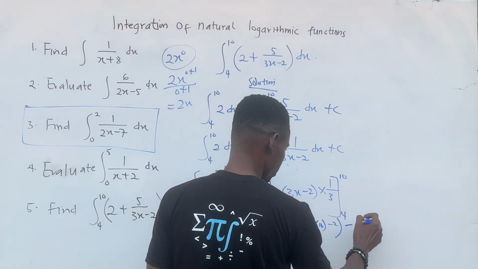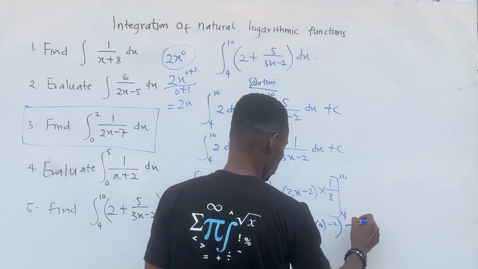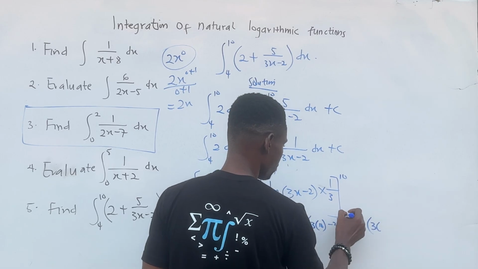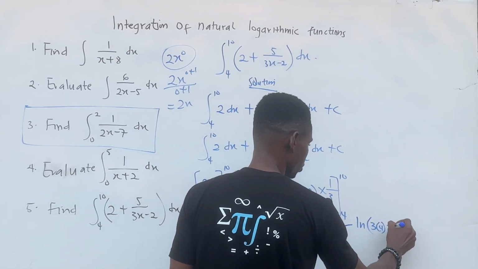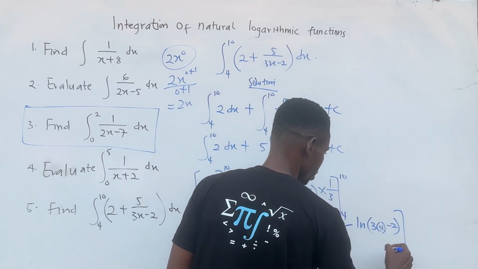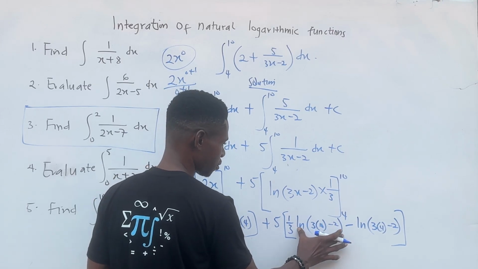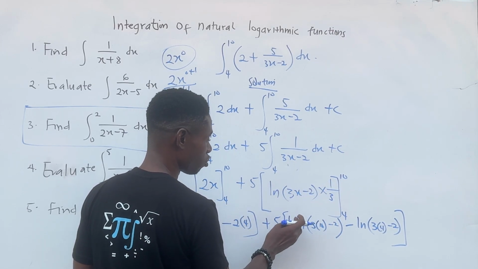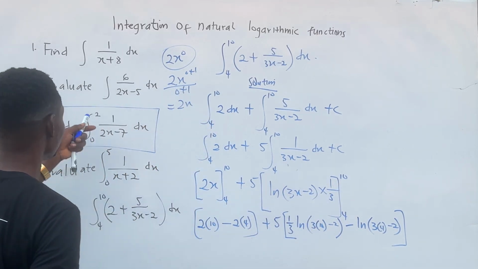We'll have ln of 3 multiplied by 4, our x is 4, minus 2. We'll close this. Now take note that this 1 over 3 is not strictly for this, but the 1 over 3 is for everything. In fact, we should have brought the 1 over 3 out, which is what we're going to do. But let's continue up here.